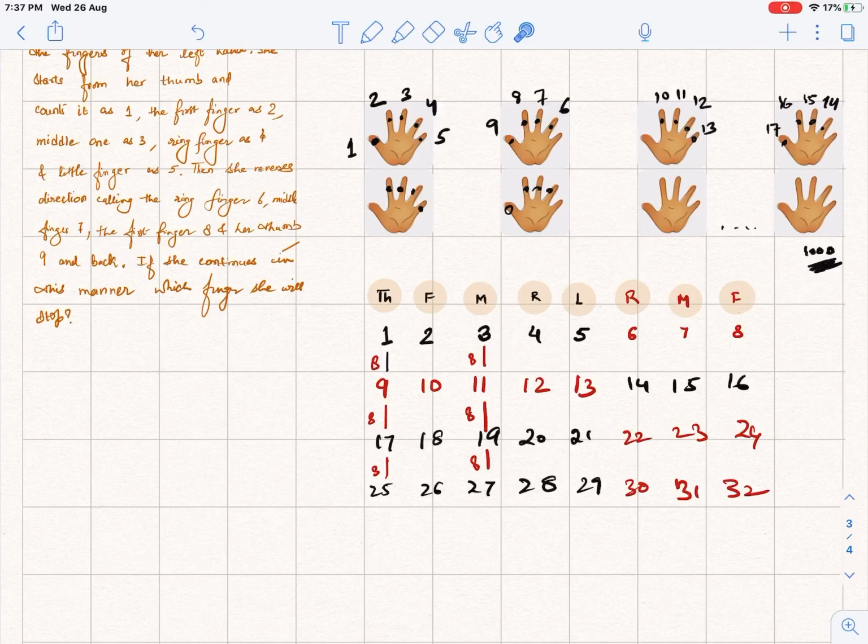I land on 8, 16, 24, 32, 40, 48, and so every number that is divisible by 8 I'll land on the first finger. Oh, voila. 1000 is divisible by 8, right? So if 1000 is divisible by 8, we know that the 1000th finger would be our first finger. That's the correct answer.